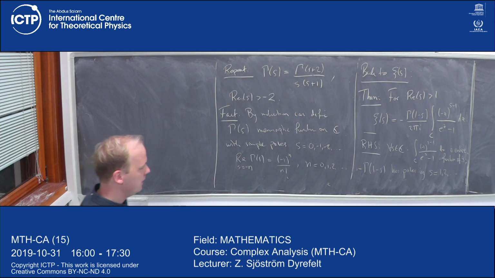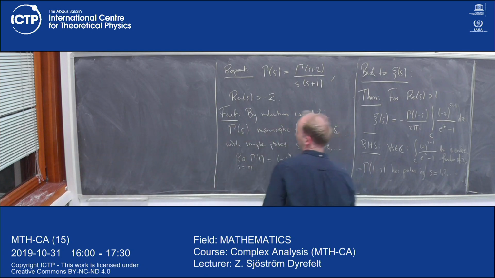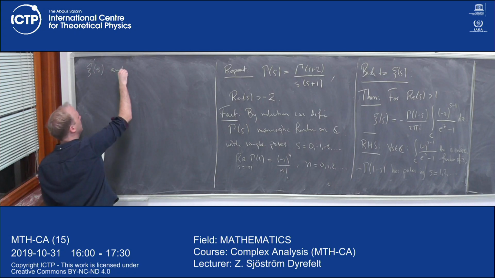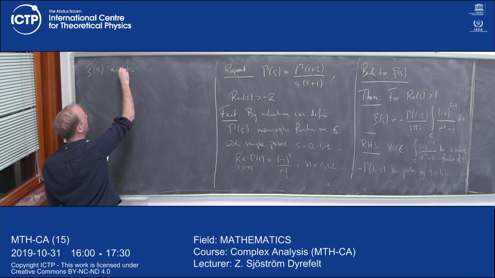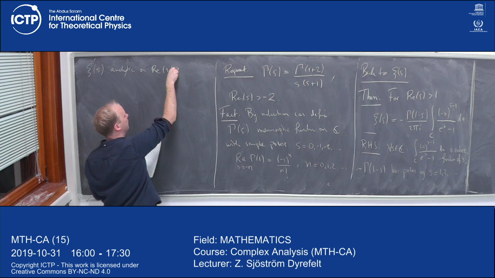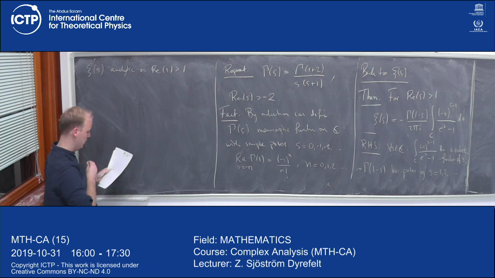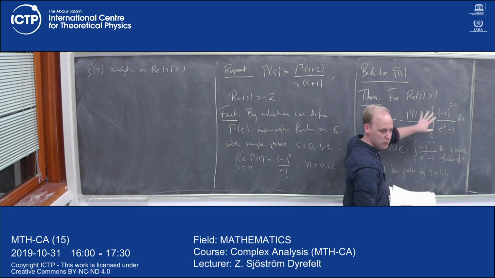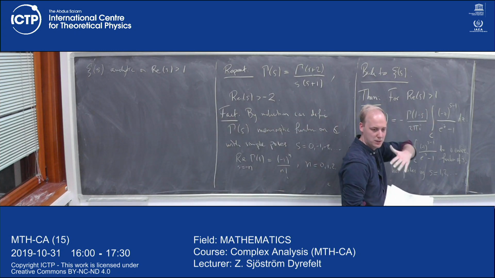Okay, and then moreover, zeta of s is analytic on this half-plane real part of s greater than 1. So this means that even though this gamma of 1 minus s has poles there, it has to be counterbalanced by the zeros.